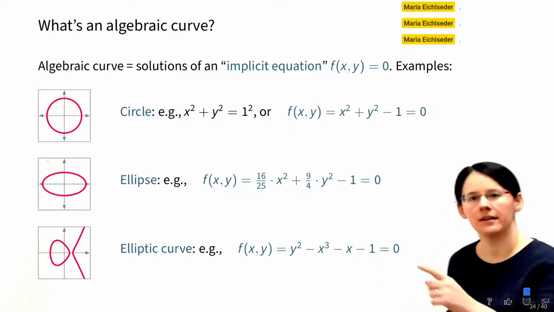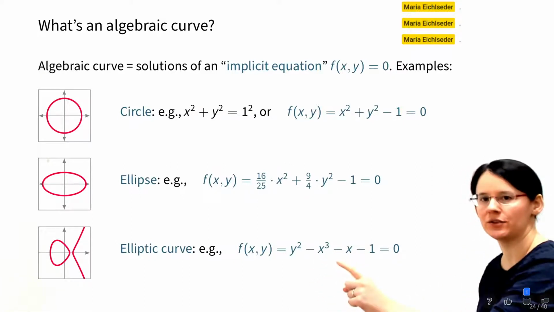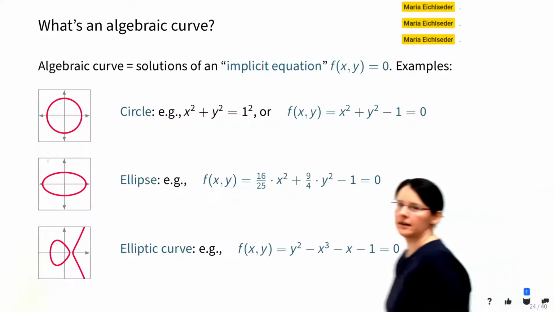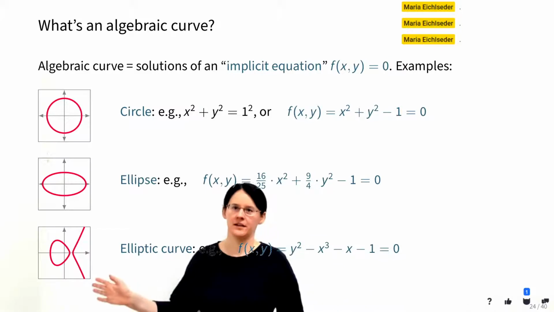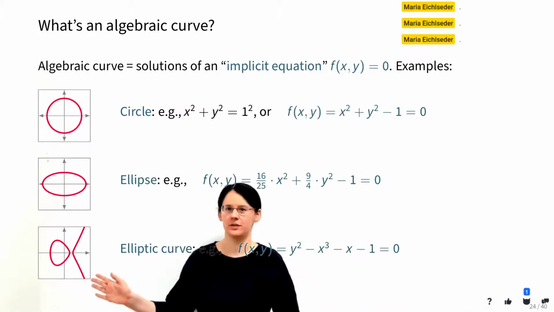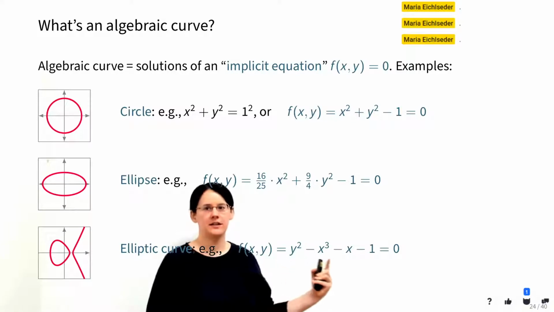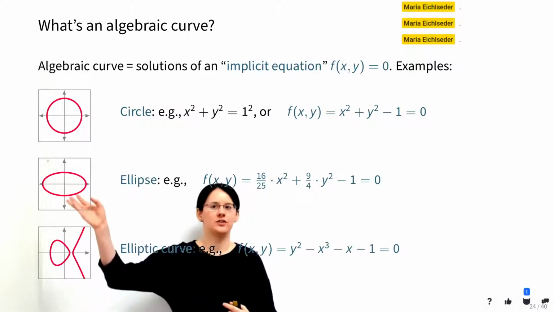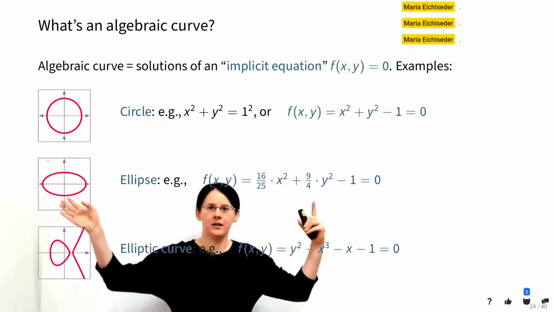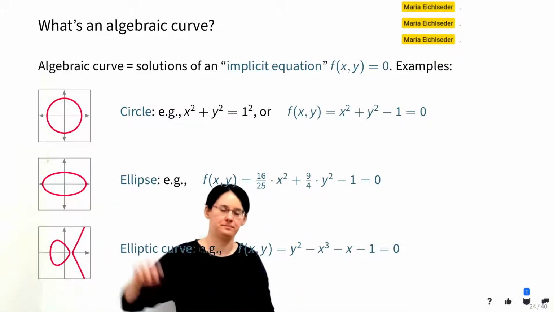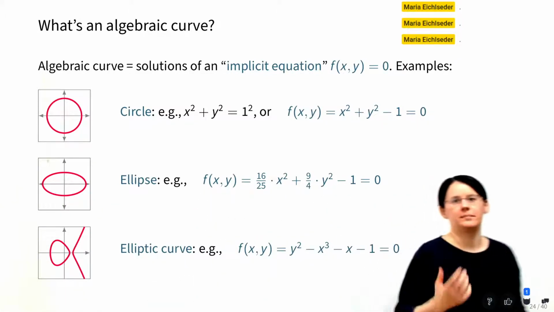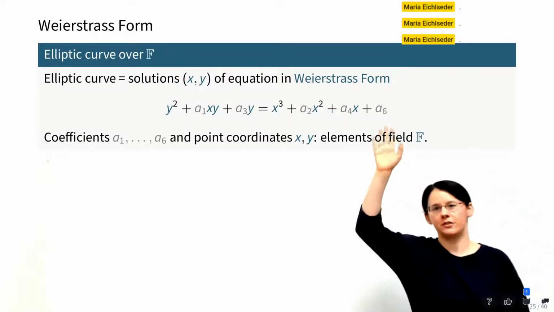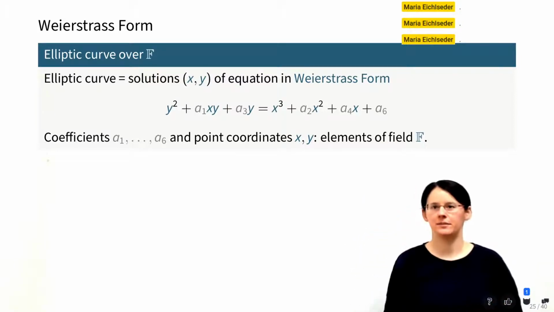You will notice that the equation is a bit more complicated, so it involves an x to the power of 3 in this example. And the shape also looks quite different. This is one particular example which corresponds to this curve. By changing the coefficients, you can change the shape of the curve a bit, just like you can change the shape of an ellipse by tweaking these coefficients. But all the points that satisfy one of these equations of this particular structure are called an elliptic curve.